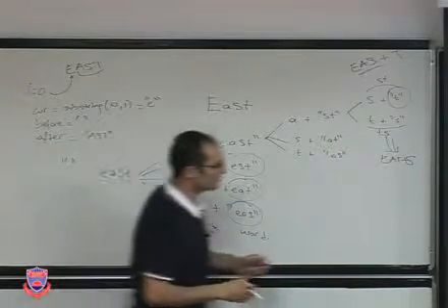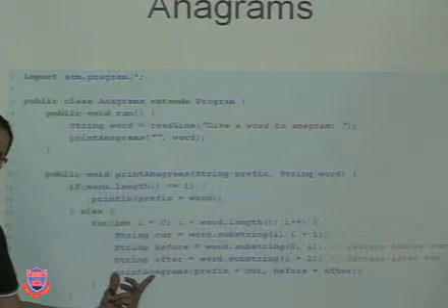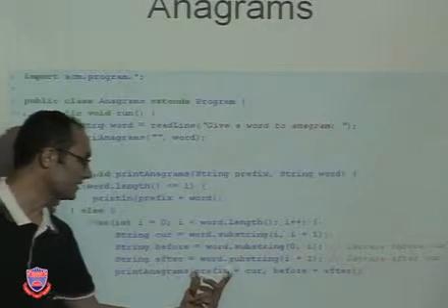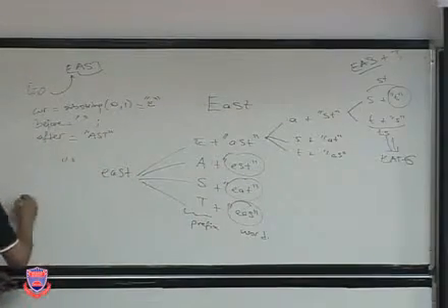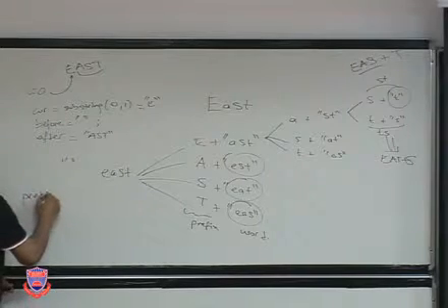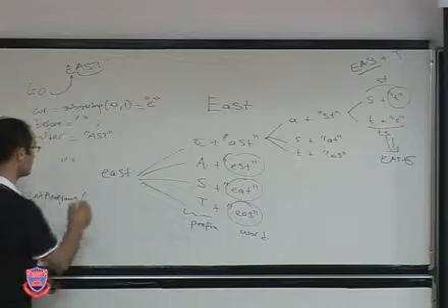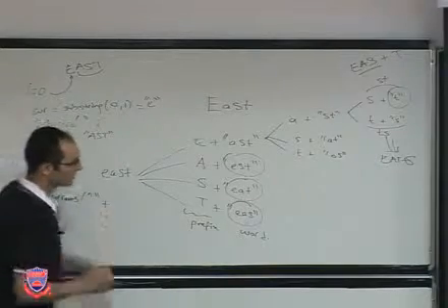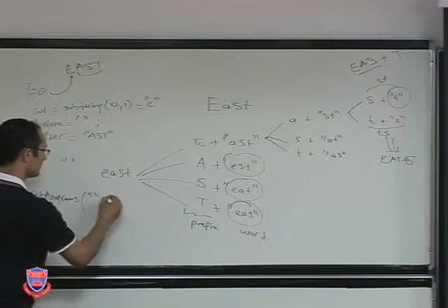So if you look into the recursive call, what does it do? It calls print anagrams with prefix plus current. Prefix was empty, so I call print anagrams with prefix empty plus the current, which is in this case E, right?